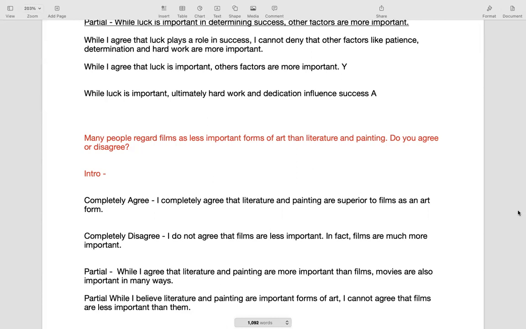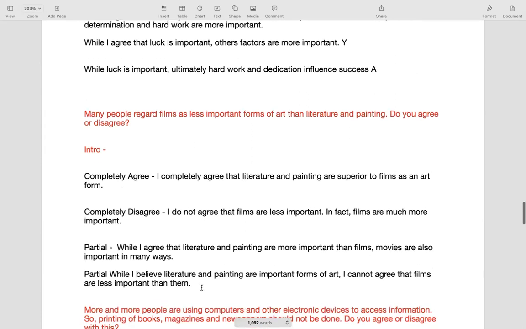Is it clear? The visual aspect too, but paintings are also visual, right, Amit? So we cannot say visual. Are both the partials clear? Partial in favor of films and partial in favor of literature and paintings.